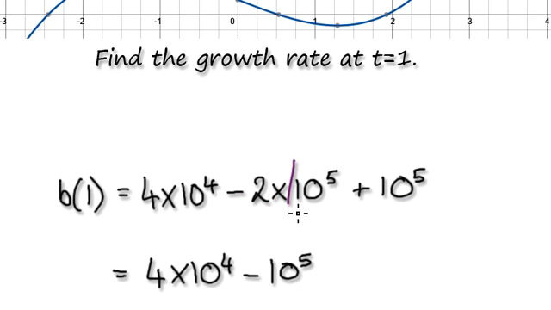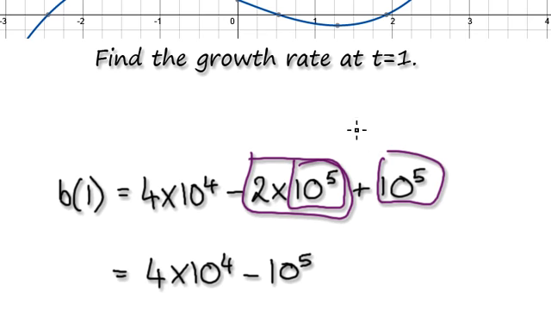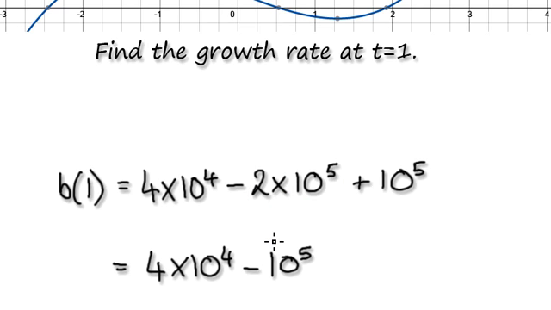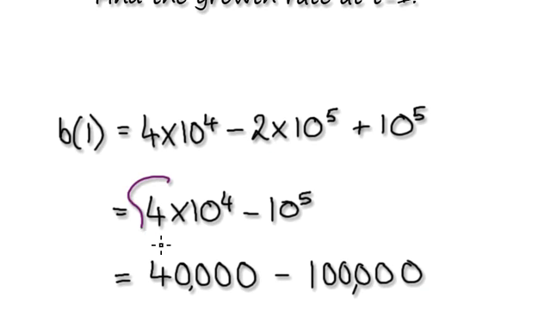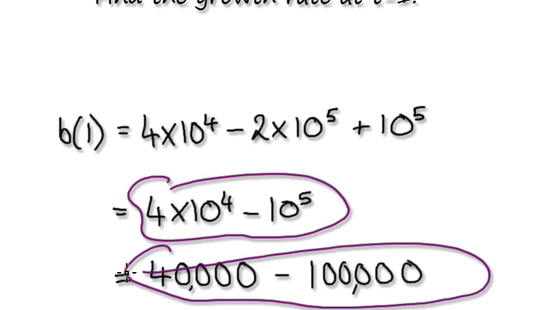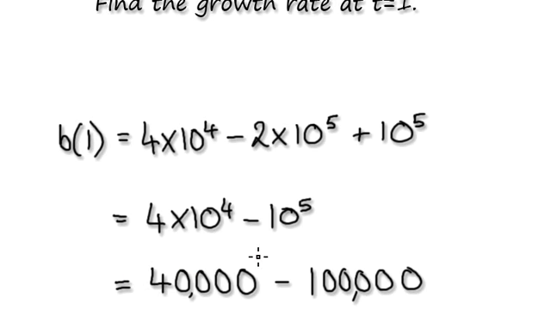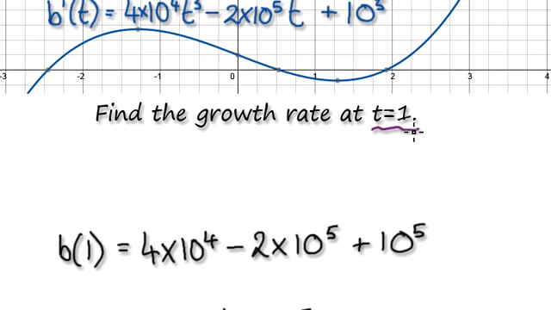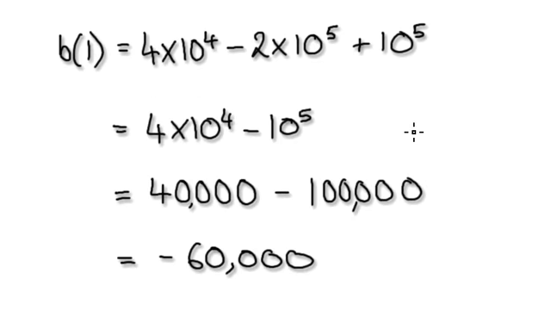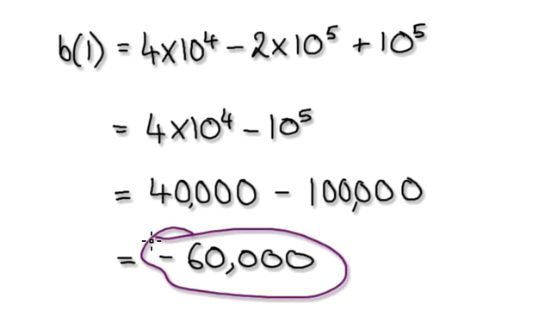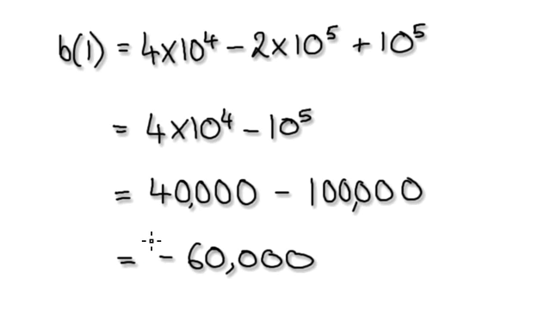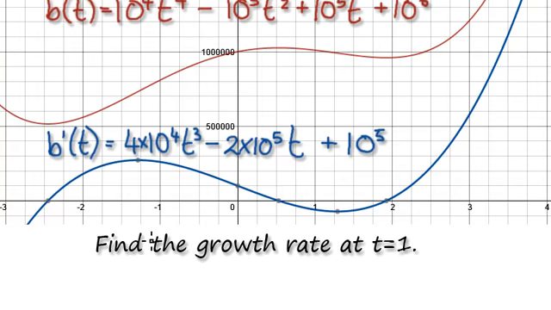Do whatever way you want, and it gives you minus 60,000. So the growth rate at time equals 1 is minus 60,000.